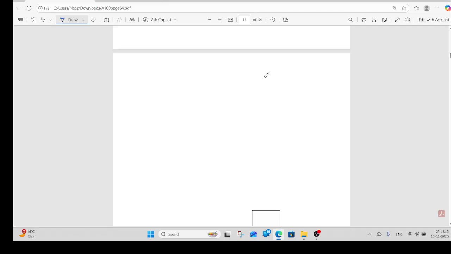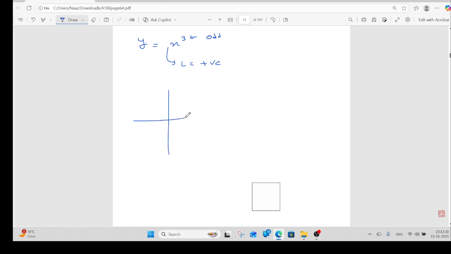Now let's take an example of a polynomial which has odd degree. So let's say y equals x cube. Now my degree is odd, right? Degree is 3 for this polynomial. Leading coefficient is positive, positive 1 in this case. So for x cube, the graph looks like this. S shaped, something like this.